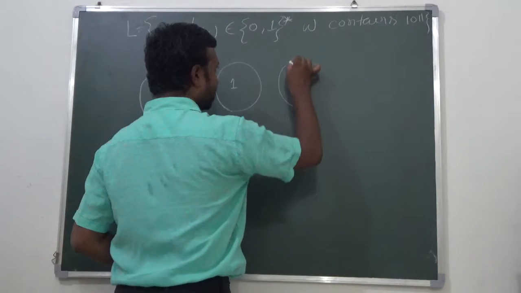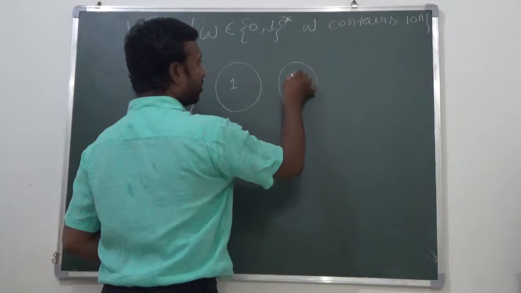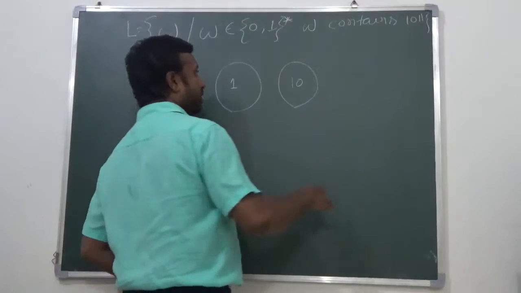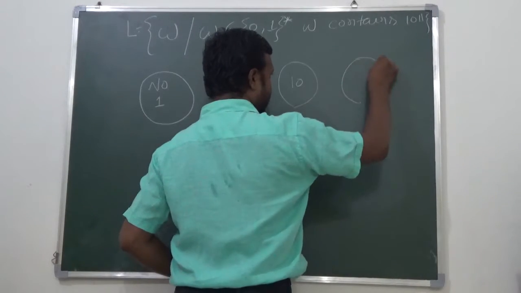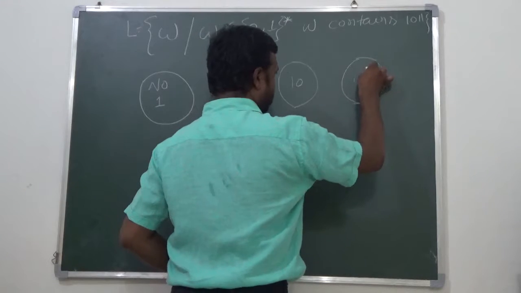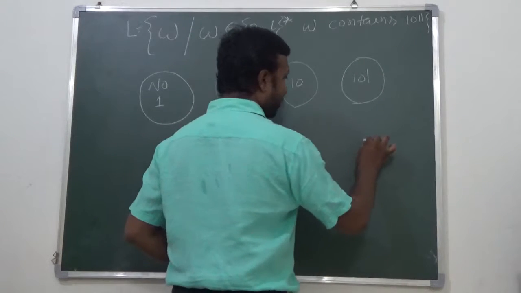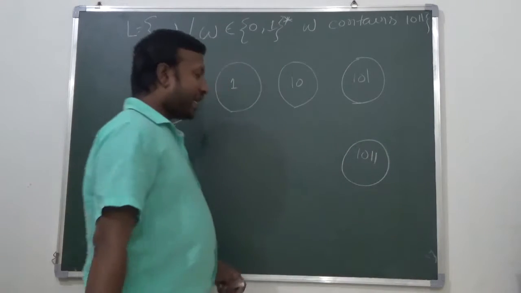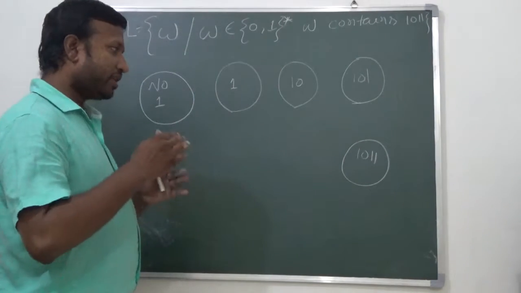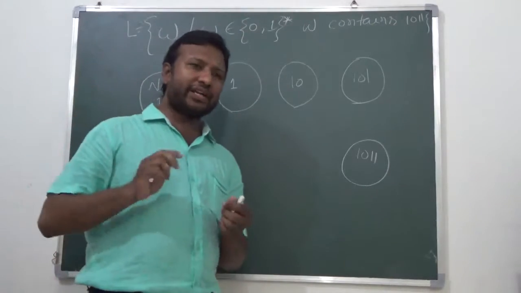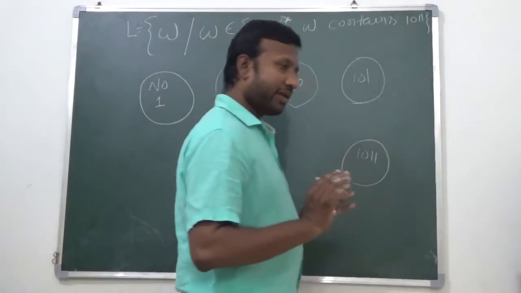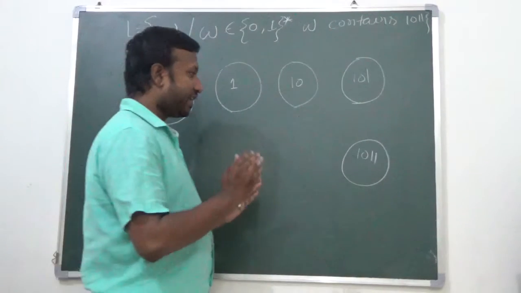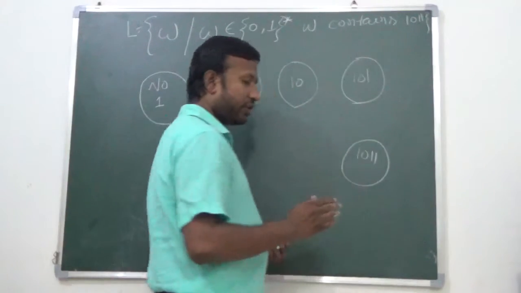Then the valid string should be 1, 0 to build up 1, 0, 1, 1. Then 1, 0, 1, and finally 1, 0, 1, 1. And if we find 1, 0, 1, 1, and after that we get anything, that is immaterial. The only thing that matters is whether the string contains 1, 0, 1, 1 or not, right?